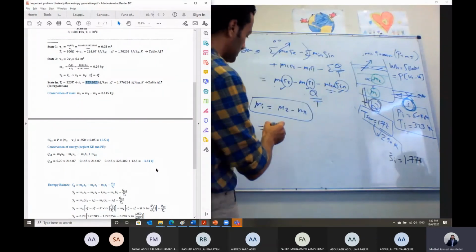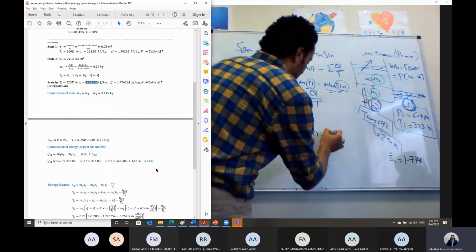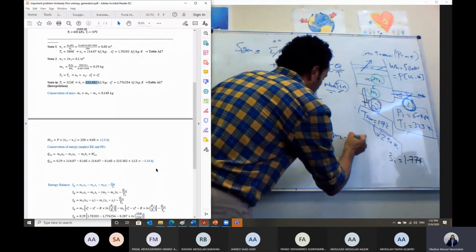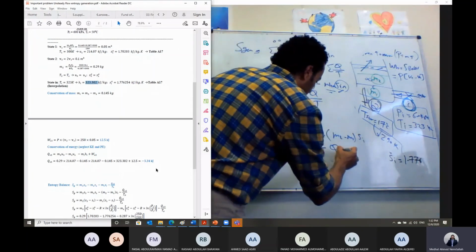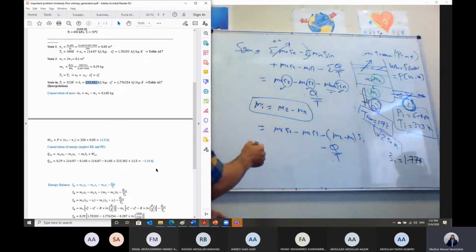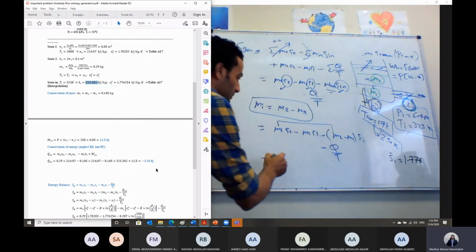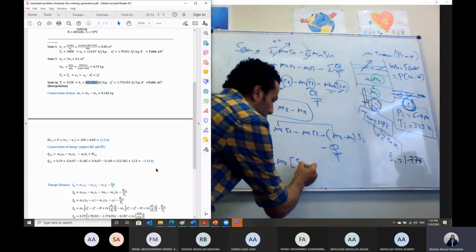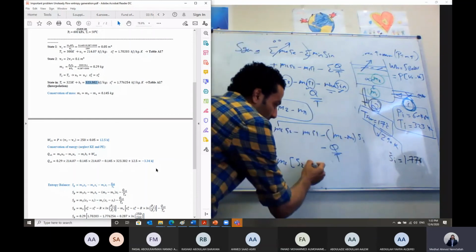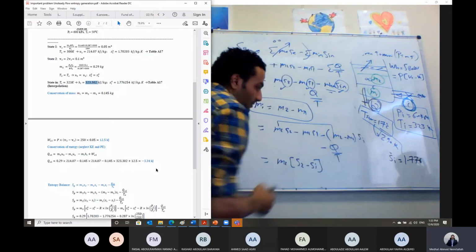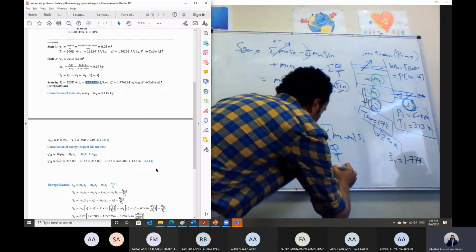So the entropy generation will equal m2 S2 minus m1 S1 minus m inlet, which is m2 minus m1, multiplied by entropy inlet, minus, don't forget, Q divided by T. Now this should equal m2, we can take it as common here, multiplied by S2 minus S inlet, plus we can take also m1 as common.